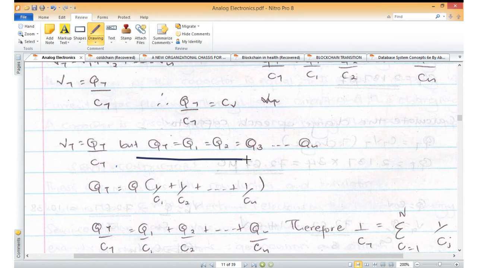Then what you need to do next is exactly the same thing I've done for capacitors and resistors, do exactly the same for inductors.